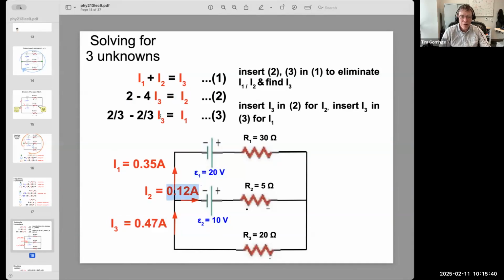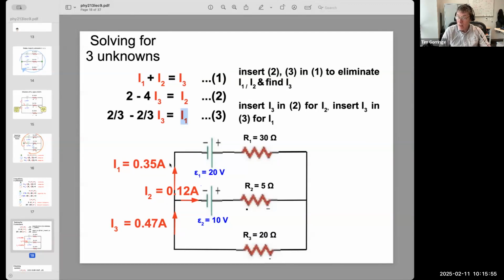If you plug 0.47 amps into equation number 3, it tells you what I1 is. It comes out to be 0.35 amps. And so at that point, you've solved the equation, and we found the 3 currents.